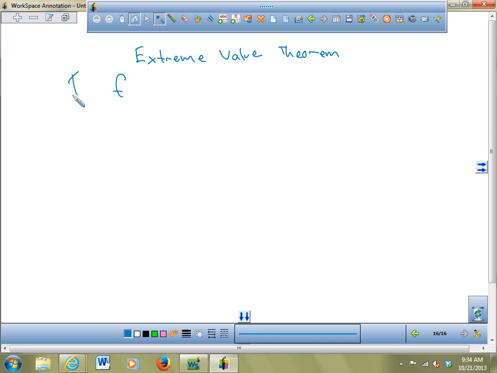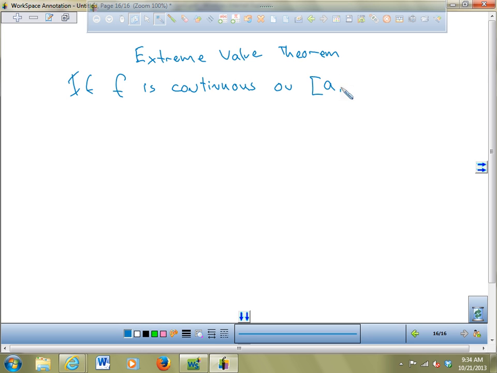If f, which is some function, is continuous on [a, b], then f has both a minimum and a maximum on [a, b].